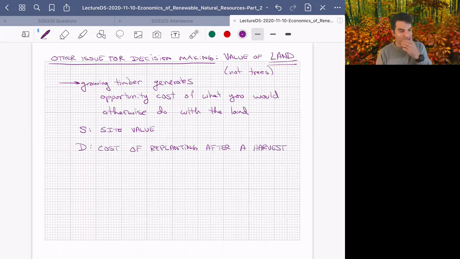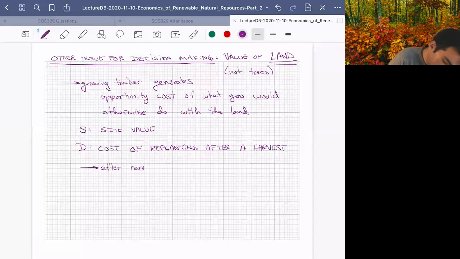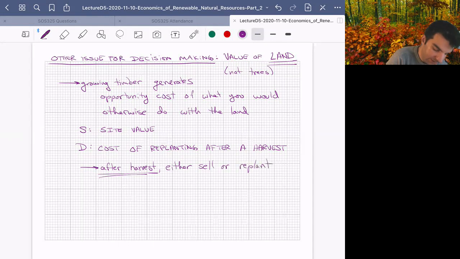After a harvest, you either sell or replant. You could sell immediately, and if you sell, you get S out of it.